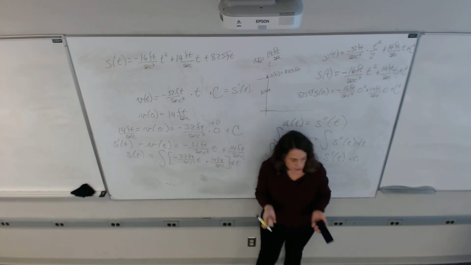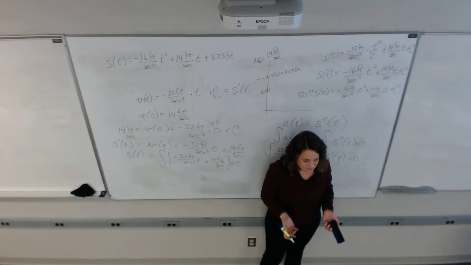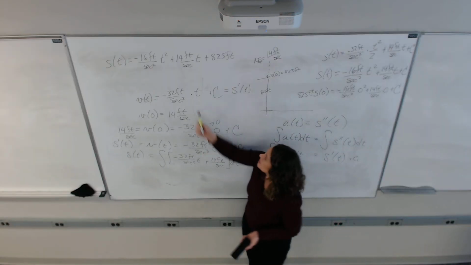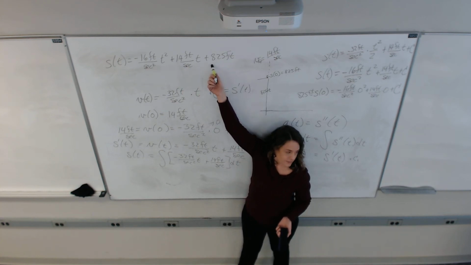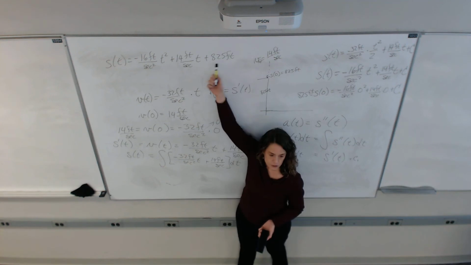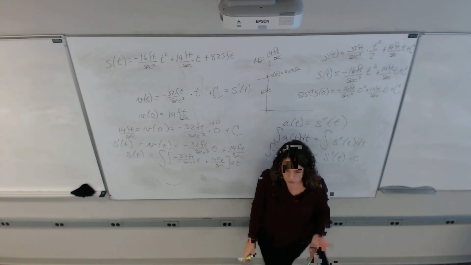Which, if you've done physics before, do you recognize this? It is the kinematic equation. This is your standard position, V naught and S naught, right? Your initial velocity and your initial position. And that's the standard formula for an object moving under the influence of gravity.